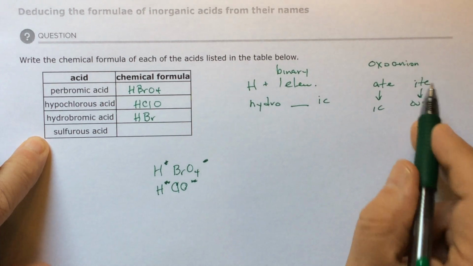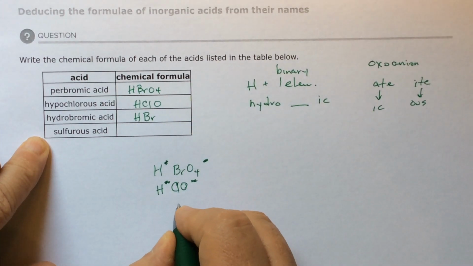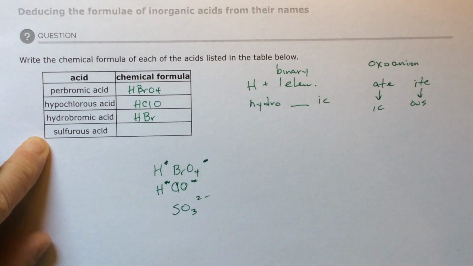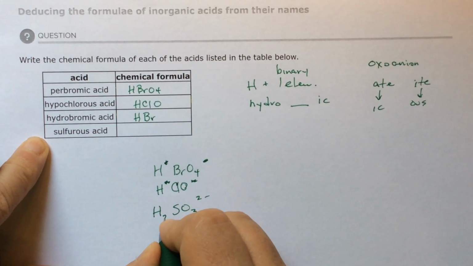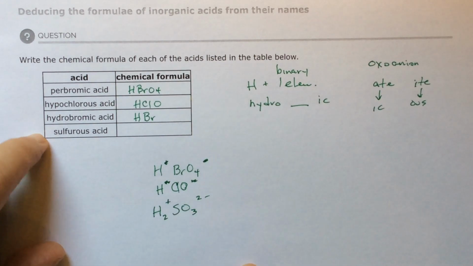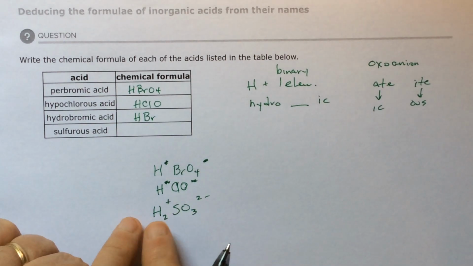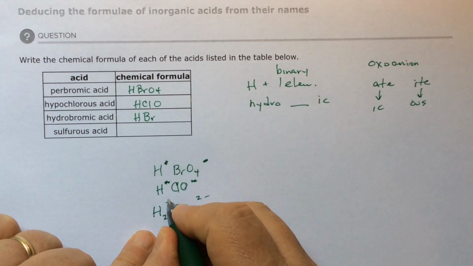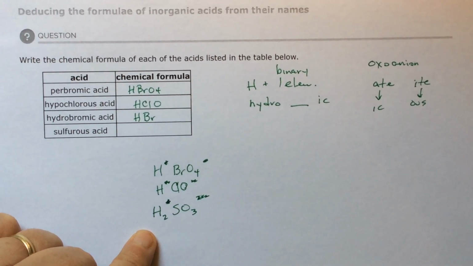Ous goes from ite, so I need sulfite, which is SO3 with a -2 charge. And then I need two +1s. Do you see? What I was just mentioning: imagine these being ions so that you know how many of these to put. They don't join ionically because this is not a metal.